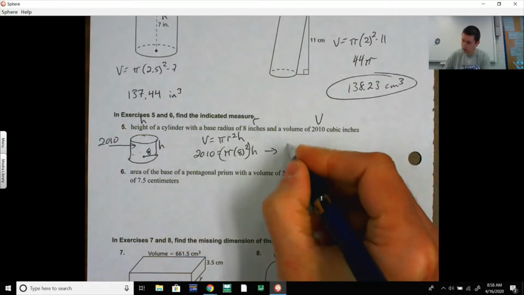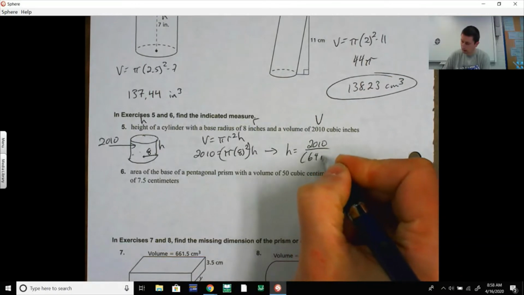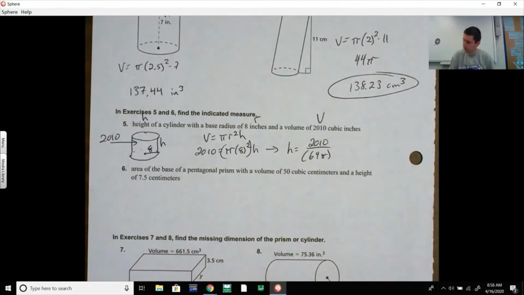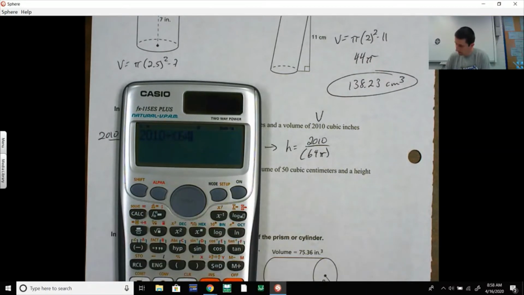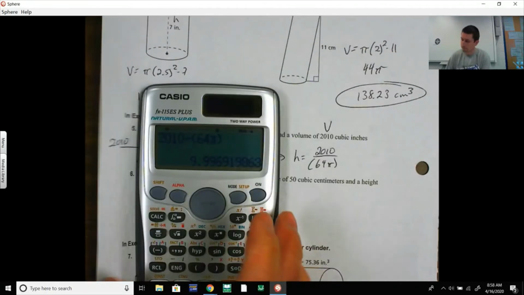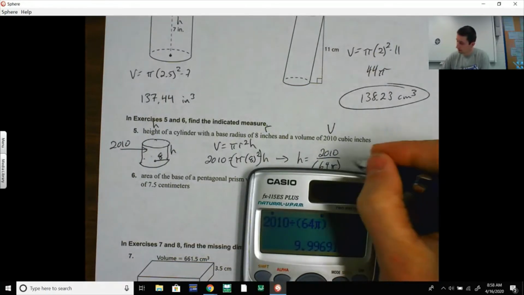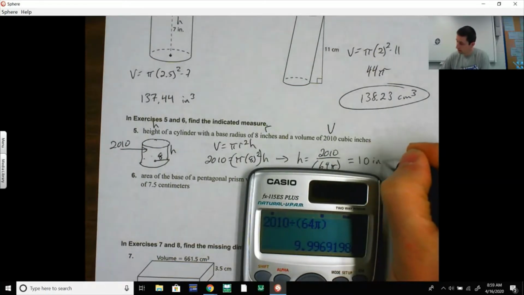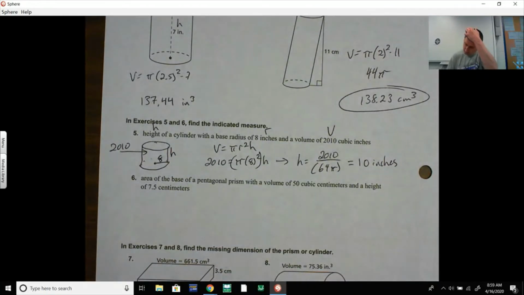So h would be 2010 divided by the quantity 64 pi. Make sure that's in parentheses. And we would get our height to be about 10. So I'd say it's about 10 inches for our height. Solving for other variables is going to come up in a lot of the other ones.